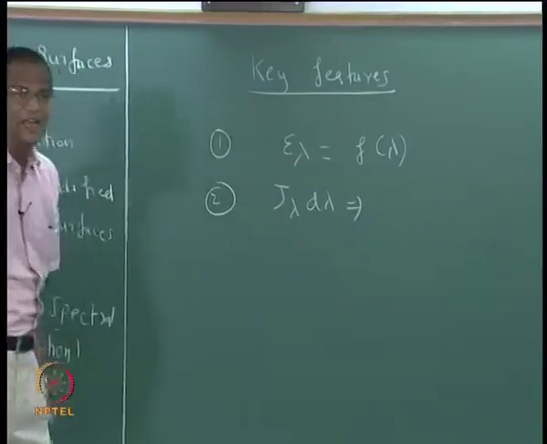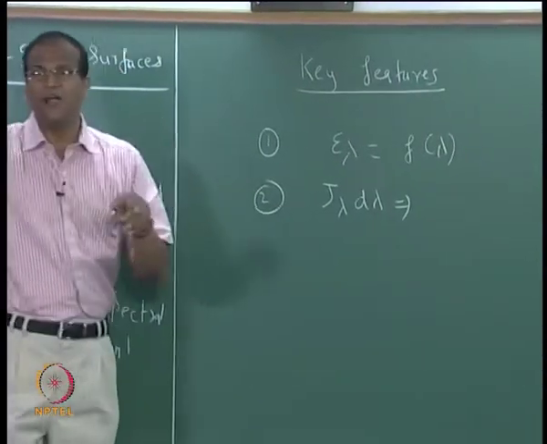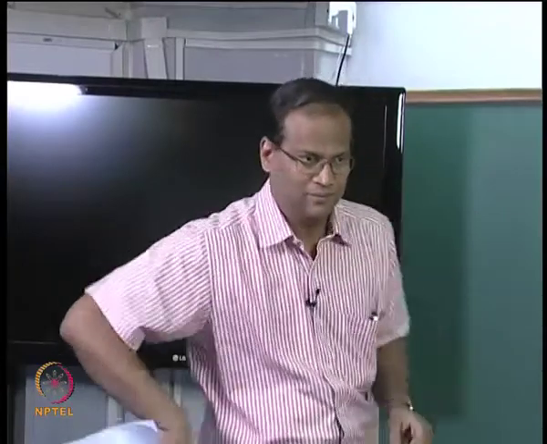Now, instead of J, watch here, instead of J, it is J lambda d lambda, which is the net radiation leaving a surface in a wavelength interval d lambda about lambda.